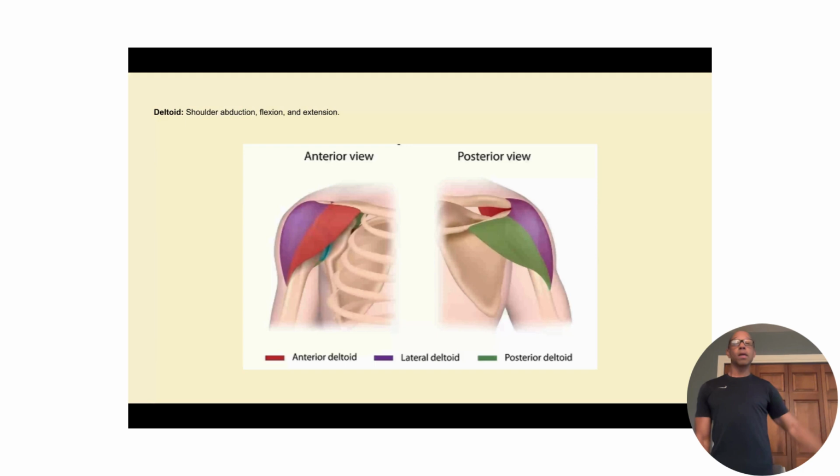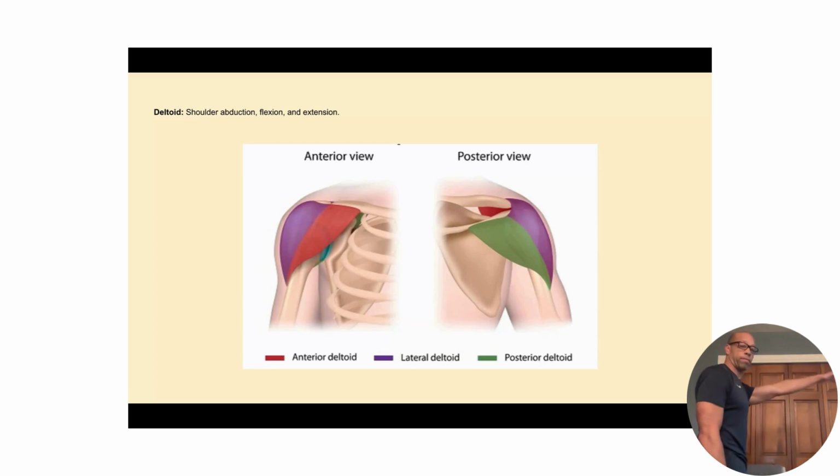It does flexion as well. So this would be more horizontal flexion. Actually, here, sorry. We're going to go front of the arm here because there's 3 heads to the deltoid. Remember, you can kind of see anterior and posteriorly there. So flexion is going to bring that arm up.